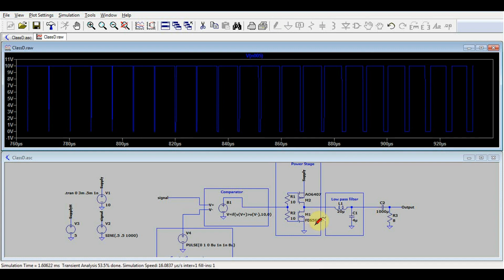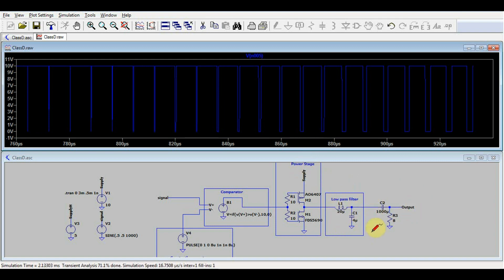Now, especially with field effect transistors, with MOSFETs, when these transistors are saturated, their on resistance is extremely small, in the order of milliohms. So basically, even if you have very high currents going through the switch, you'll have extremely small losses. And basically, all of the energy taken from the supply will be given to the output.